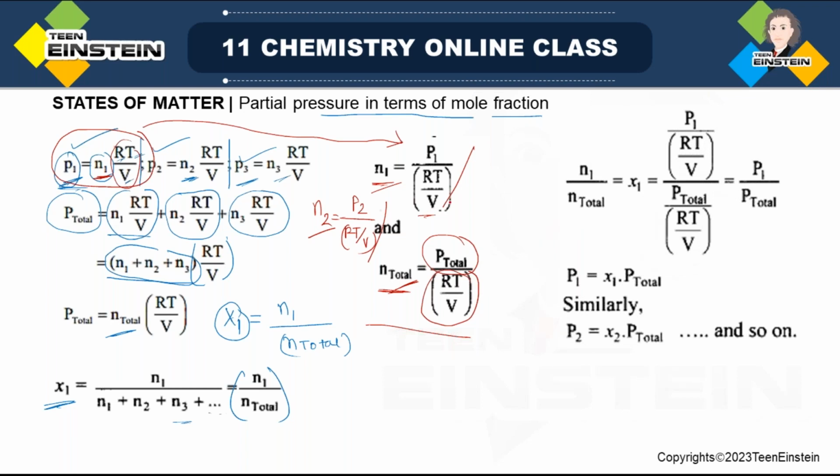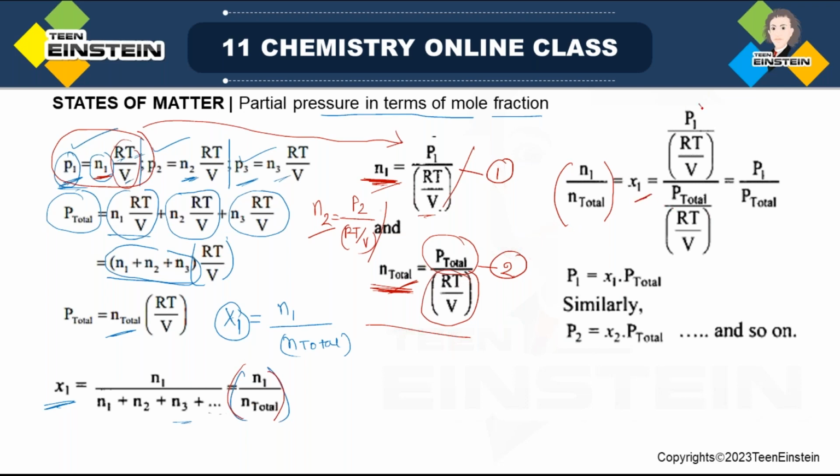Now this is, suppose, equation number 1, and this is equation number 2. Just divide equation 1 by 2. The left hand side will be N1 divided by N total. Now N1 divided by N total is nothing but X1, isn't it?